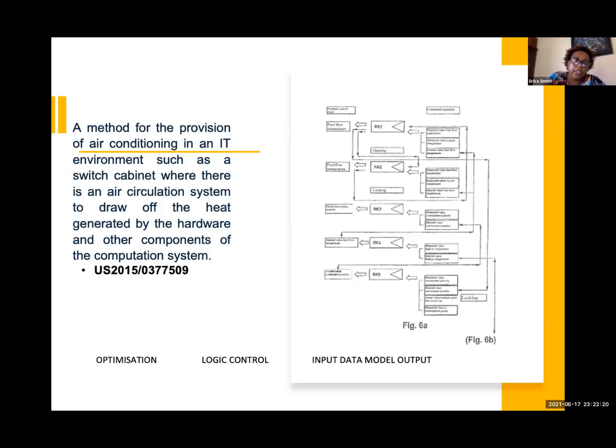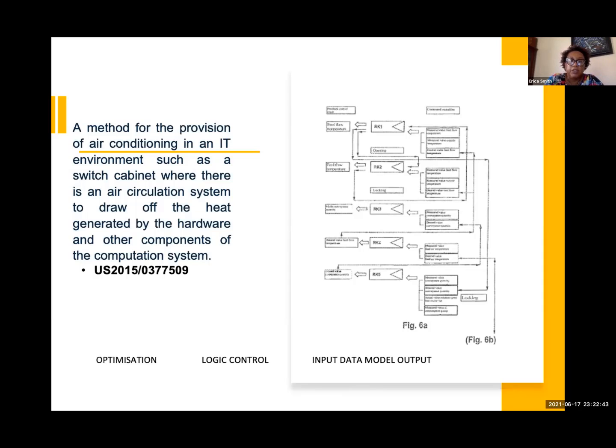So it addresses the need to provide an air conditioning solution for an IT environment which reacts quickly to changes in the operating conditions. And if present, the proportion of free cooling is kept as high as possible in line with the recommendations of trade organizations.